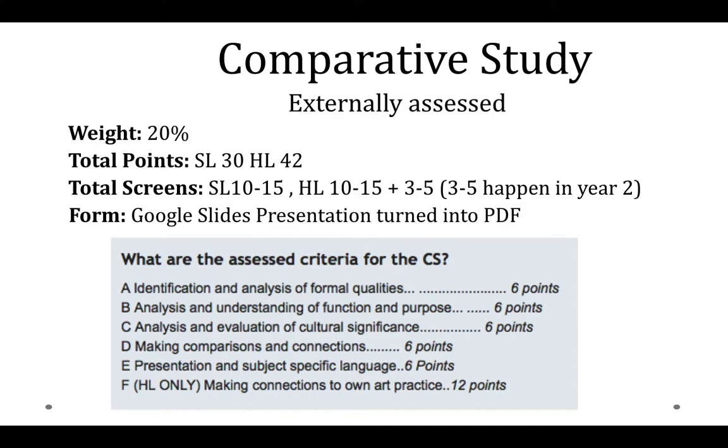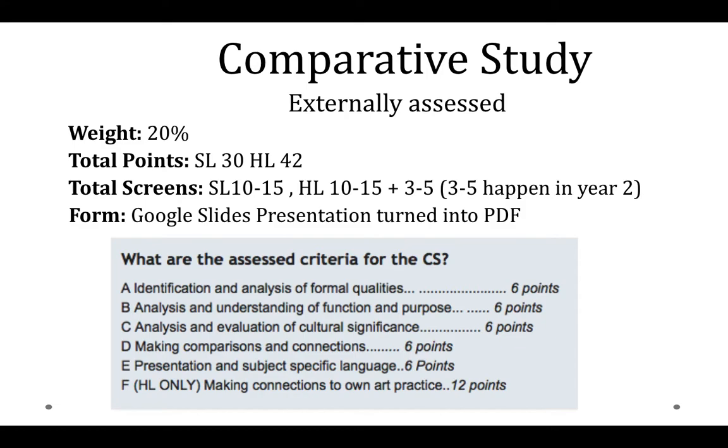All right, so the weight of this in the overall IB grade is 20%. This is how the breakdown of the grading goes for it. So you're going to, and I'll walk you through this in further detail, identify and analyze formal qualities, analyze and understand the function and purpose, analyze and evaluate the cultural significance, make comparisons and connections, and then not listed.